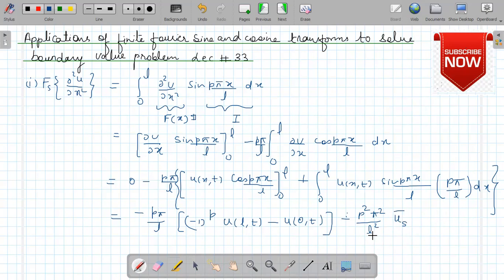So you see here that we need the values of u at (0, t) and (L, t). These two are needed to solve this. So this is what happens when we apply the Fourier sine transform to the second derivative.